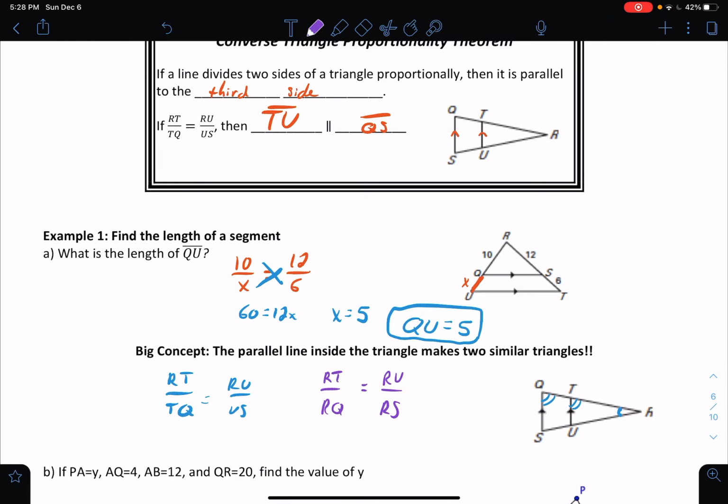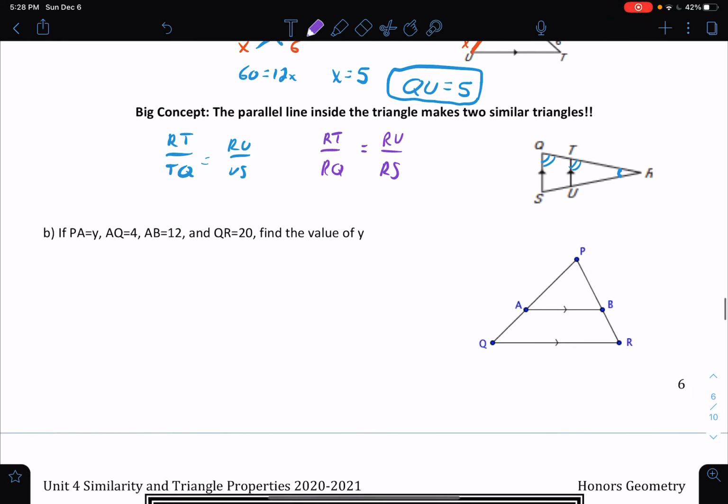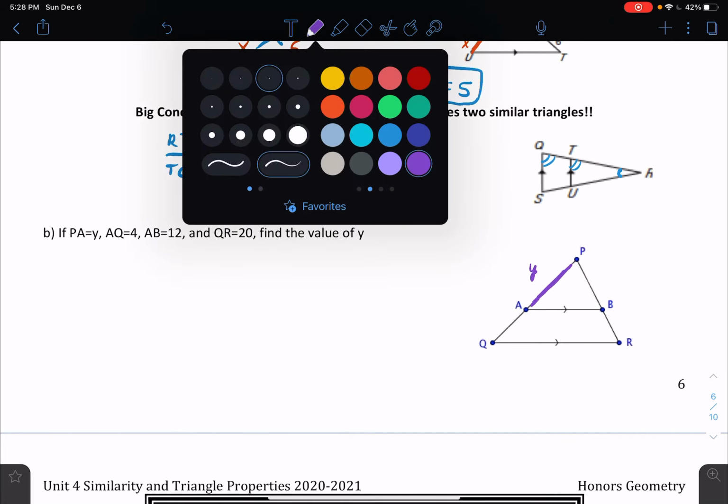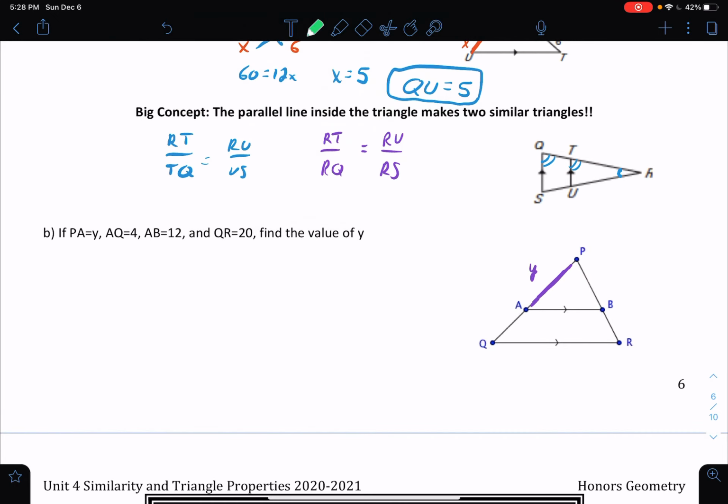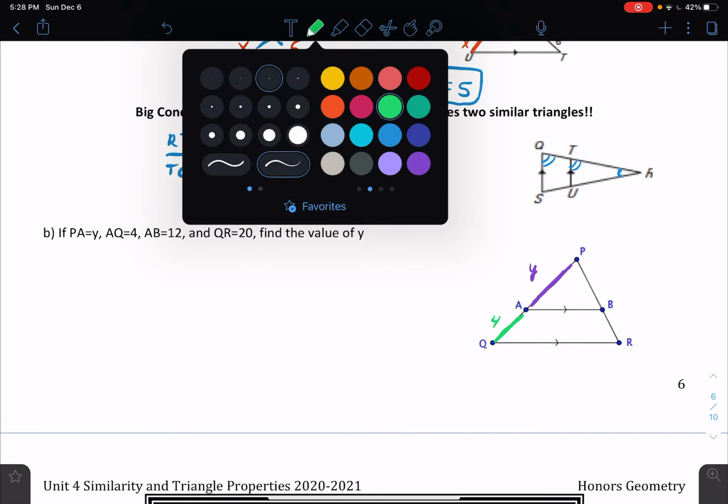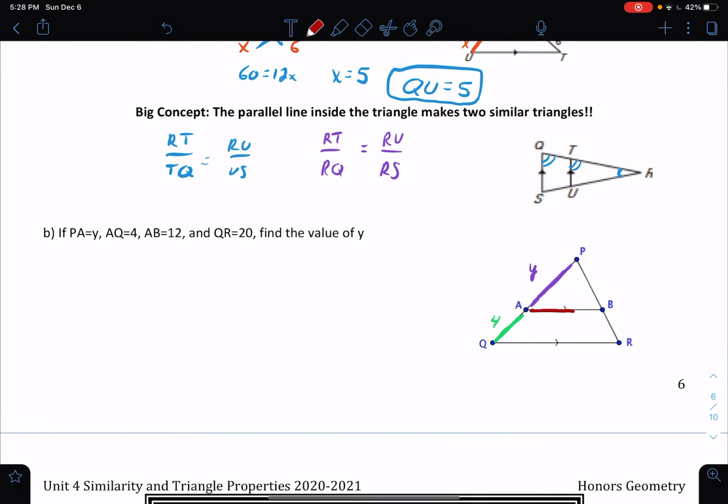All right, so let's look at example B. If PA equals Y, so PA equals Y, AQ is equal to 4, AB is equal to 12, so now we're talking about this side length in here, AB equals 12, QR is 20.